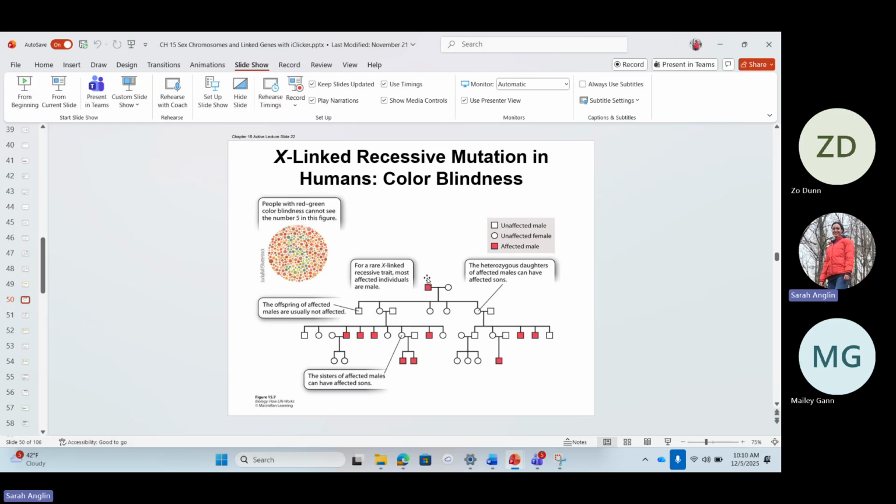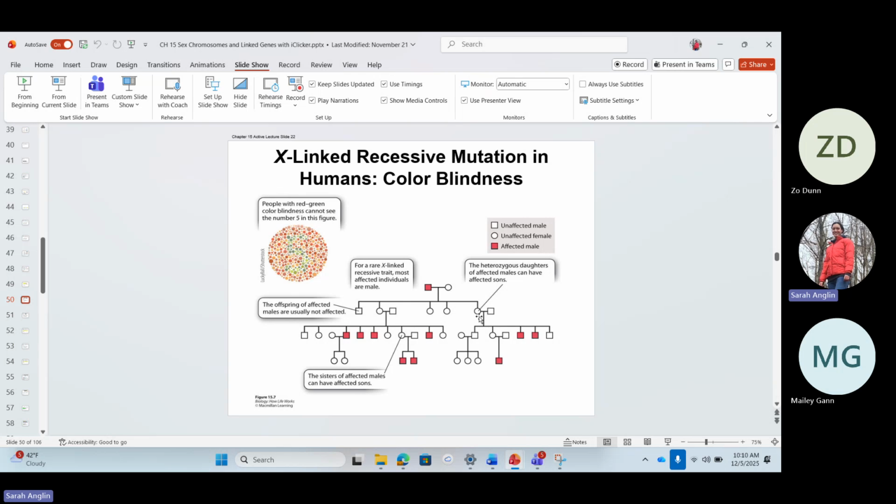Because we have an affected male, this X has the mutant allele. Remember, the sperm parent will donate X's to daughters. So in this daughter, one of the X's has a mutant allele. The other X comes from the egg donor, so the other X is going to have the wild type normal dominant allele. So this individual would be a carrier.